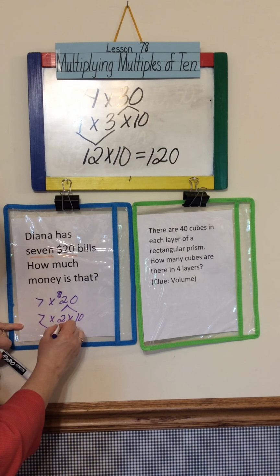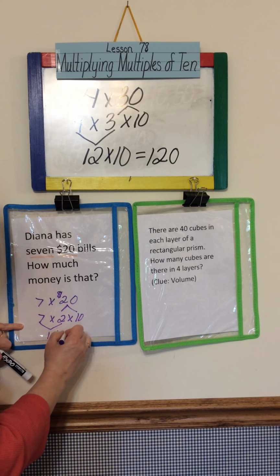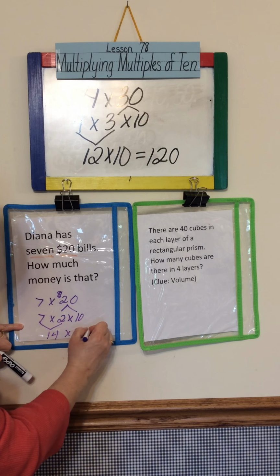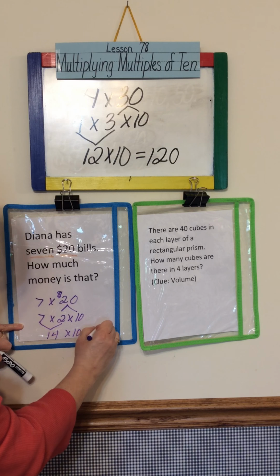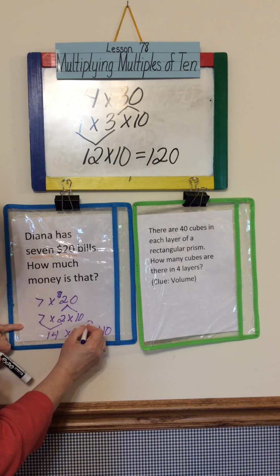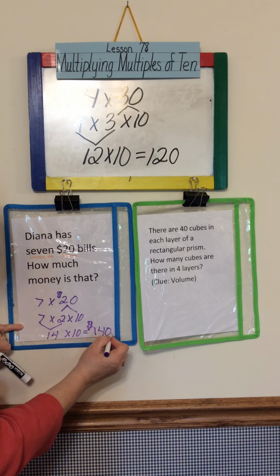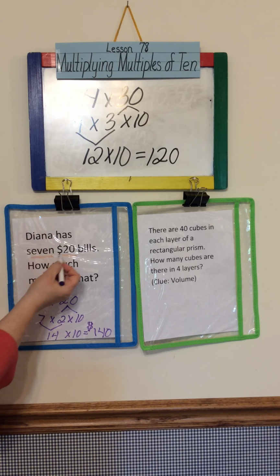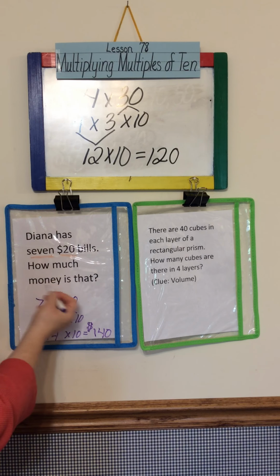Therefore, 7 times 2 is 14 times 10, and that equals a 14 with a 0 at the end. And remember to put the dollar sign, $140. So Diana has 7 $20 bills. How much money is that?